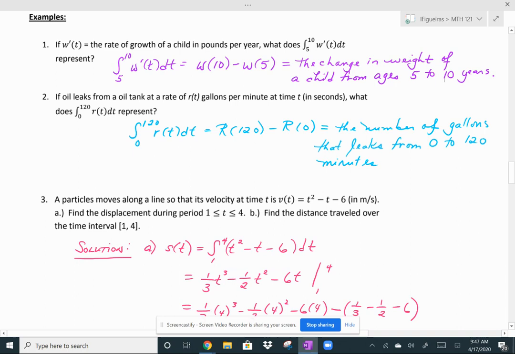So the integral from 0 to 120 of R of t dt, the antiderivative, I'll call it capital R, is capital R at 120 minus capital R at 0, your lower limit. And so what that represents is the number of gallons that leaked from the tank from 0 to 120 seconds, which basically means in the first 2 minutes. It should be seconds.